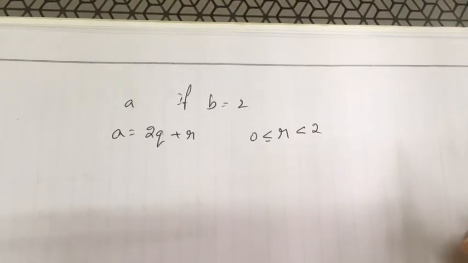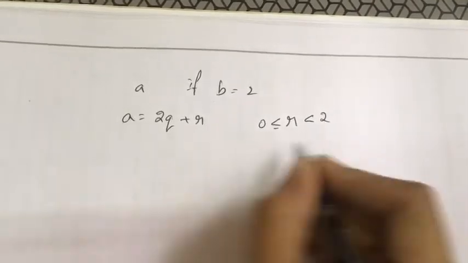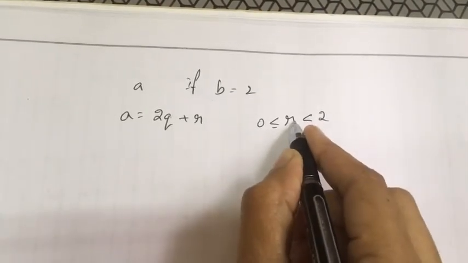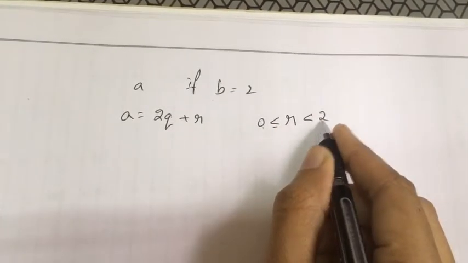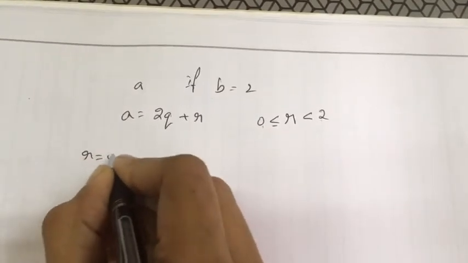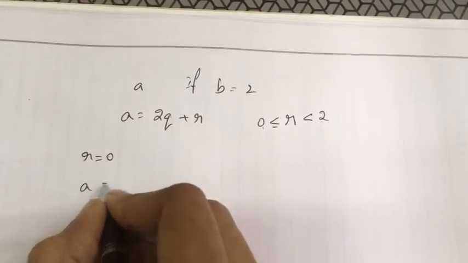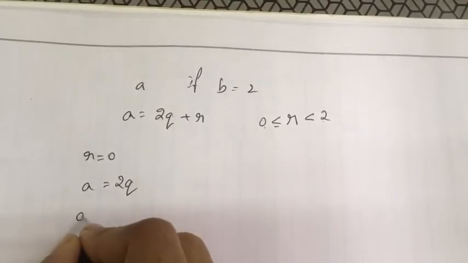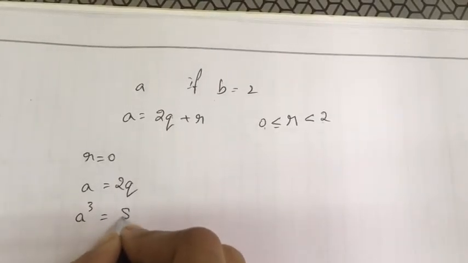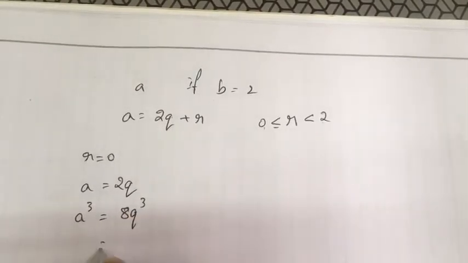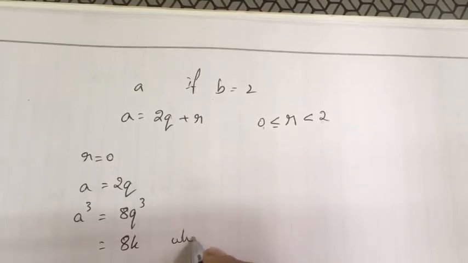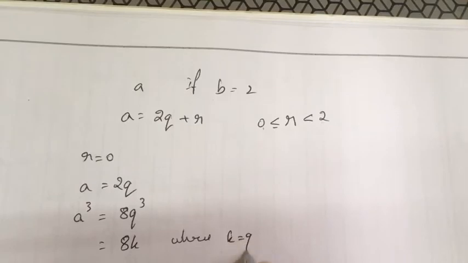Then there are two possibilities for the values of r, either 0 or 1. If r equals 0, then a is 2q, right? a cube is 8q cube. Then this is the same as writing 8k, where k equals q cube.